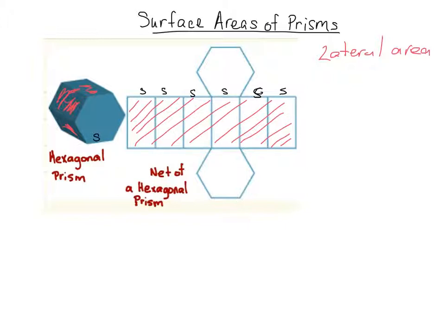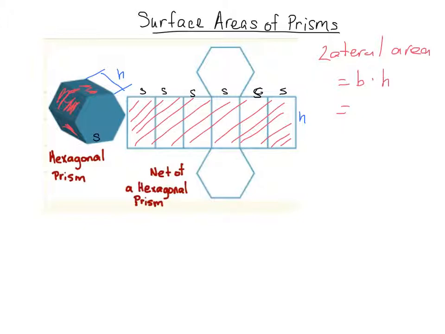Let's say, and I'm making this general, I'm not doing an example quite yet, that the height of our hexagonal prism is, let's call it H. That means the height of our net right there will also be H. In order to find the lateral area, since it's a rectangle, we multiply base times height.